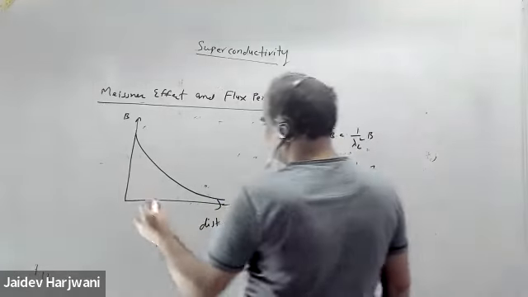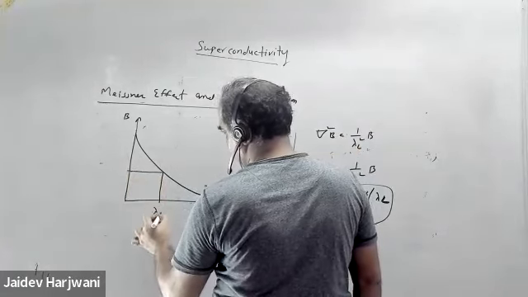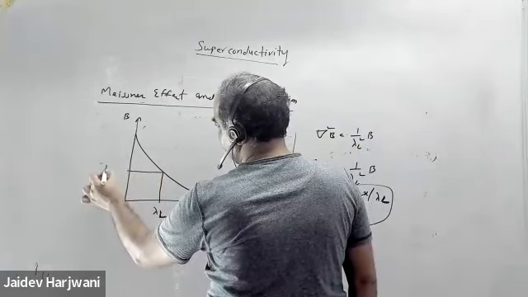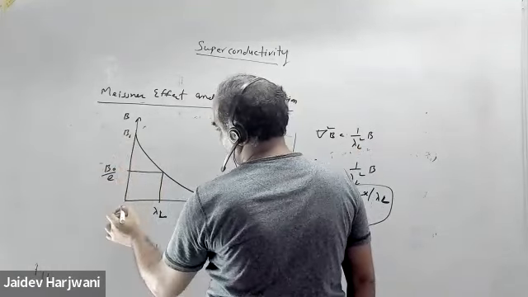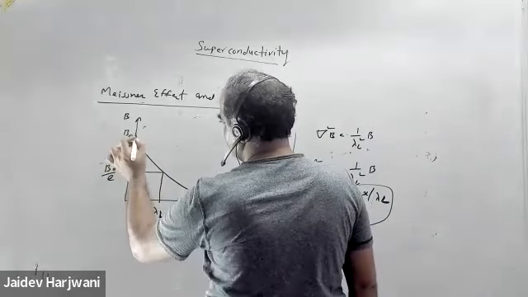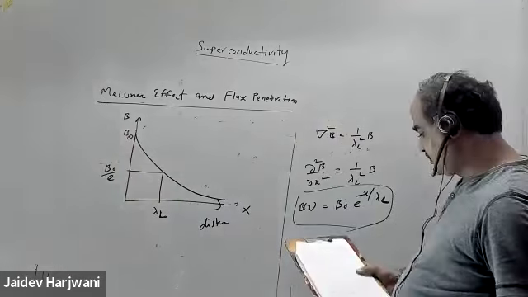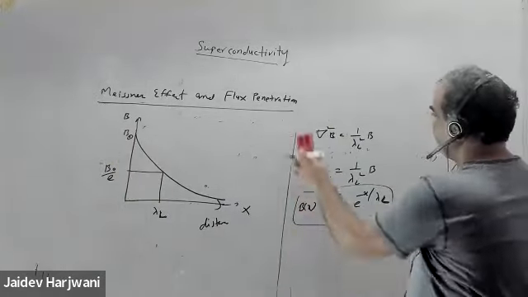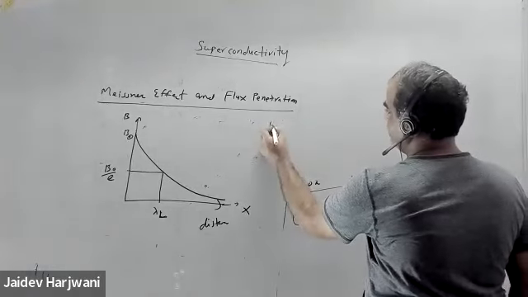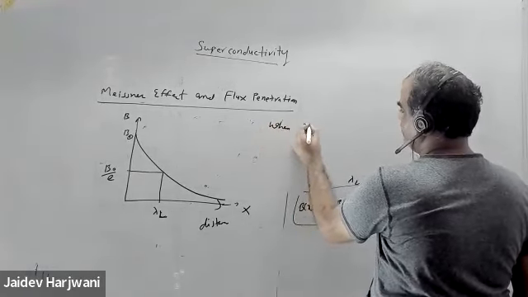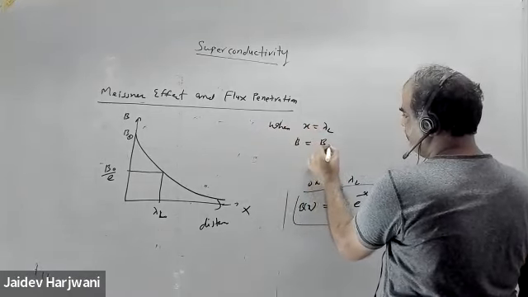Now if I take x equal to lambda L, your B will be B naught by e. At x equal to 0 you have B naught, and as you increase the distance, when x is equal to lambda L, your B is equal to B naught by e.